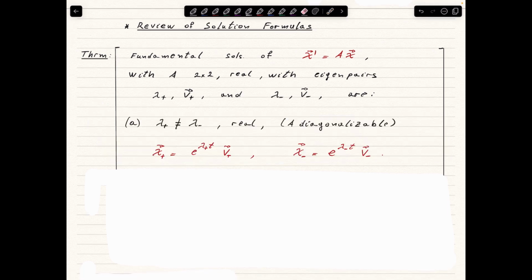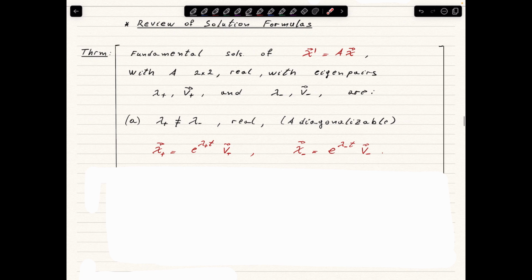For example, if the eigenvalues are different and real, so A is diagonalizable, then we have fundamental solutions given by exponential of eigenvalue times t multiplied by the eigenvector, and the same for the other pair. And then the general solution x of t is going to be a combination of these two solutions. That is going to be the general solution. These are fundamental solutions.